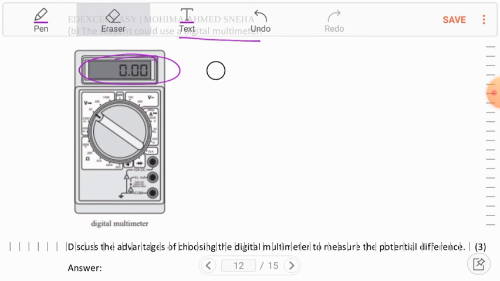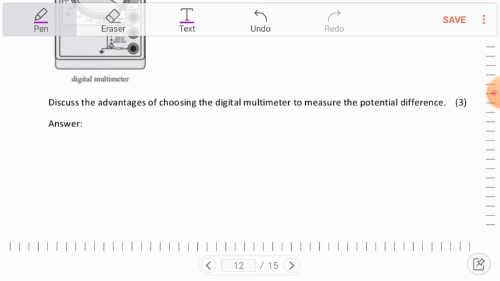So let us write the answers. It has 3 marks, so we are just going to write 3 points.